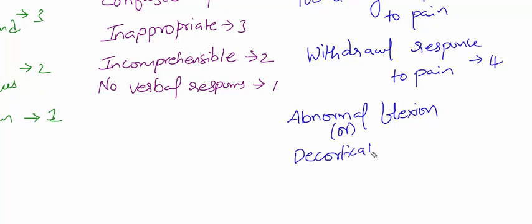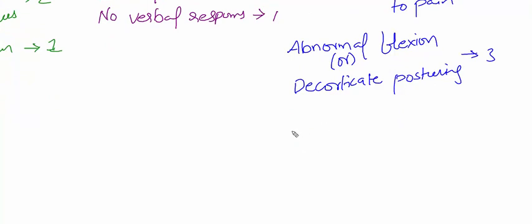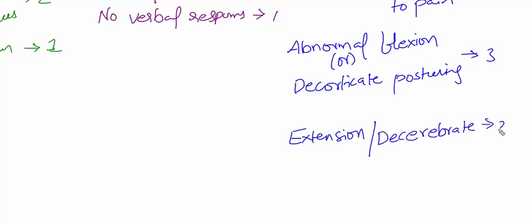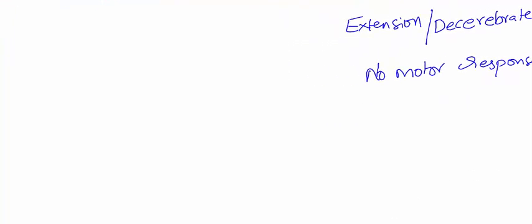If there is extension to pain or decerebrate posturing, we give a score of 2. And if there is no motor response, the score will be 1. Even with very painful stimuli, if there is no motor response, we give a score of 1.